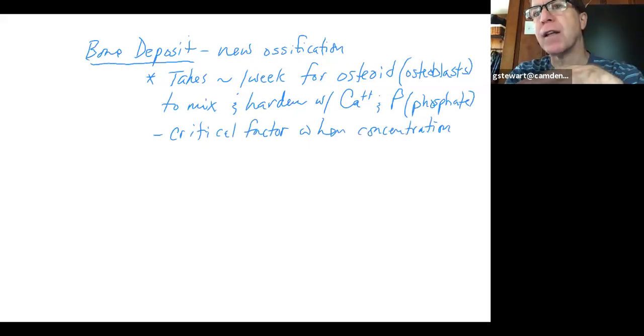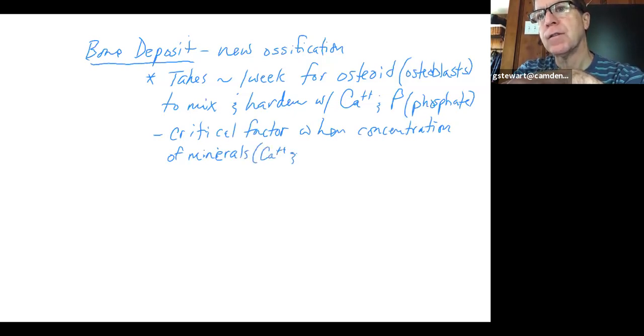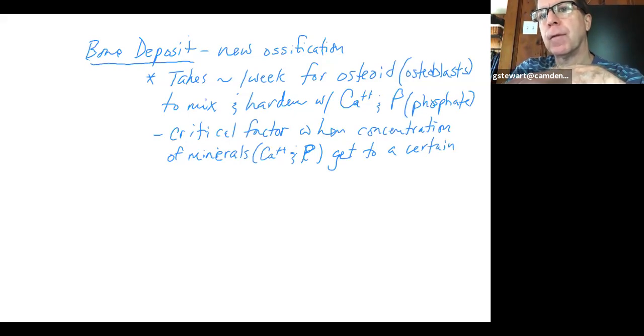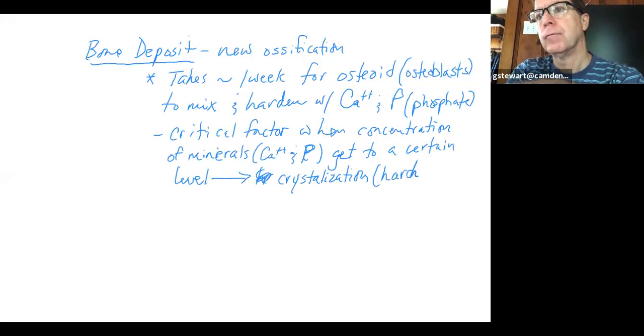It's really difficult for me to write legibly on this screen, but the critical factor is when the concentration of the minerals, that means calcium and P, phosphate, reaches a certain level, then we get crystallization and hardness of bone tissue.